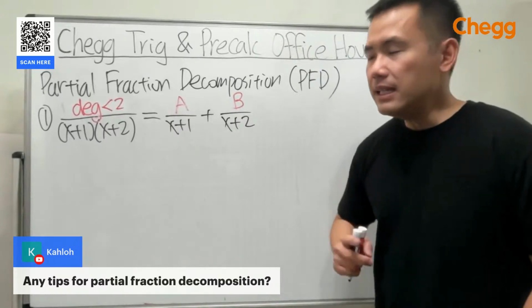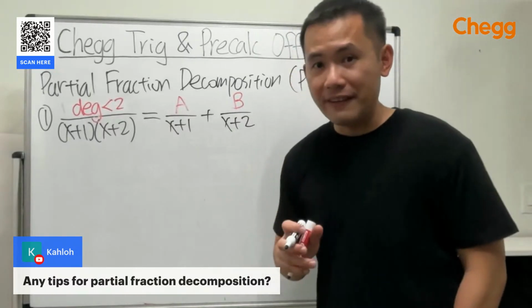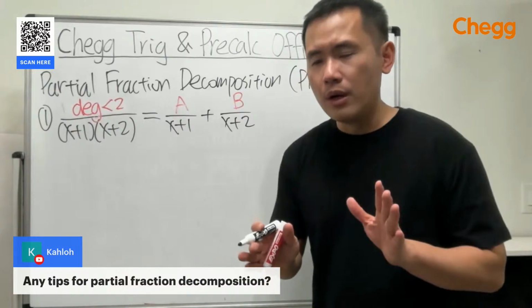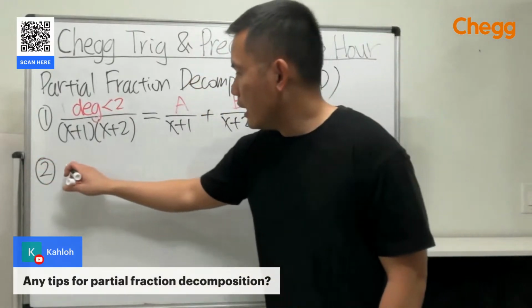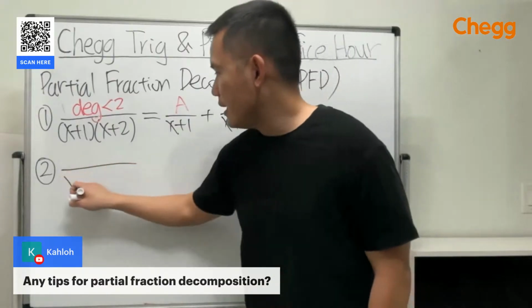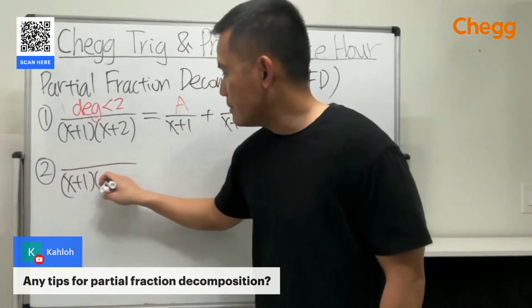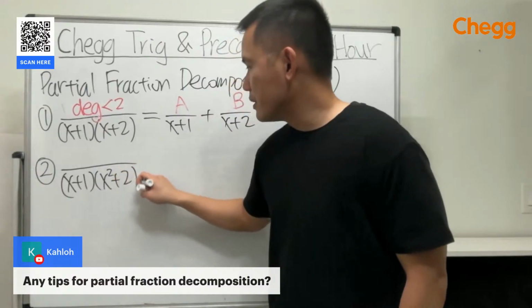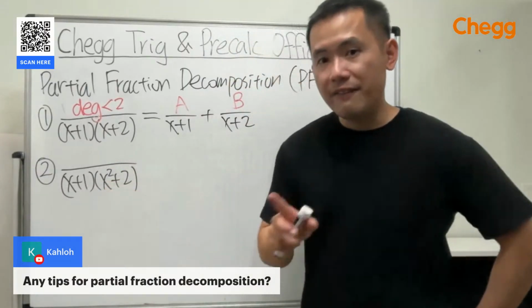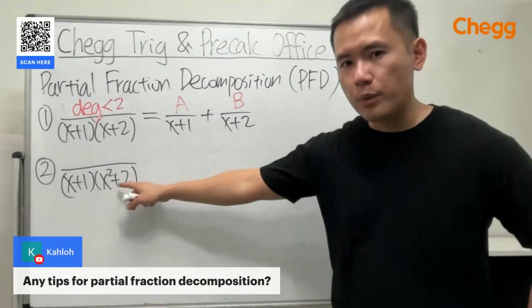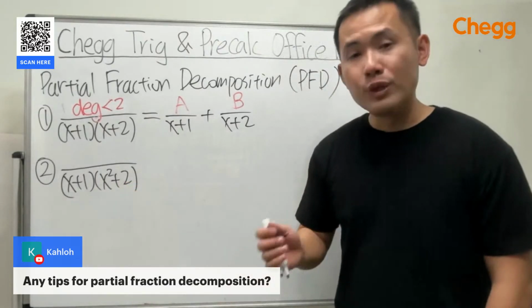Now, the second case is when you have some quadratic factors that are not reducible. Here, let's say we have x plus 1 times x squared plus 2. Now we have a quadratic factor. And this right here, it's not factorable with real numbers. So that's what I mean by irreducible with real numbers.